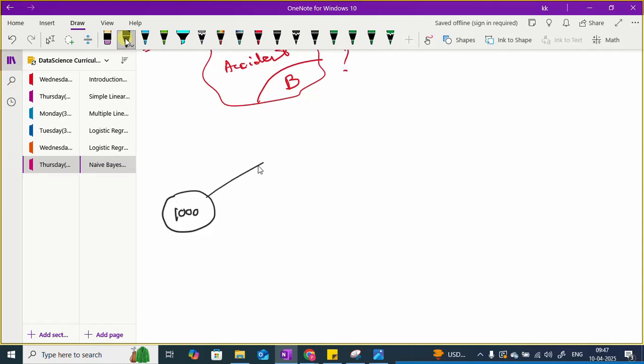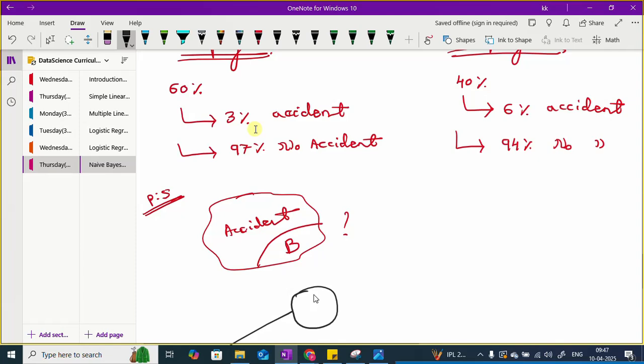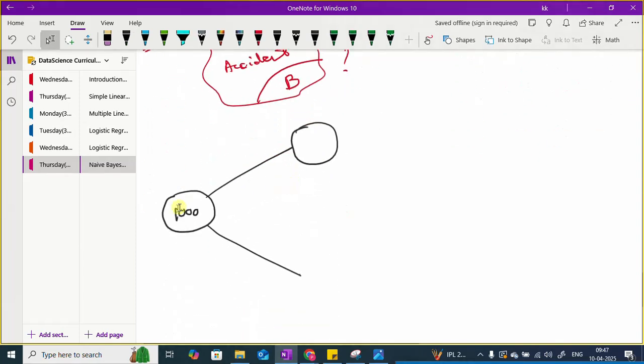Whenever I'm calculating percentages, I take a round figure like 100 or 1000 or 10,000. So out of 1000, guys, help me: how many taxis belong to company A? 60% means 600 taxis belong to company A, and obviously 1000 minus 600, that is 400 taxis, which is nothing but 40%, belong to company B. Yes or no?